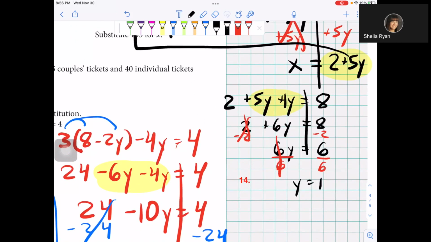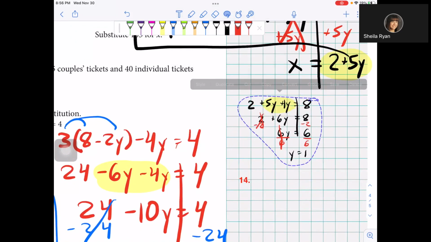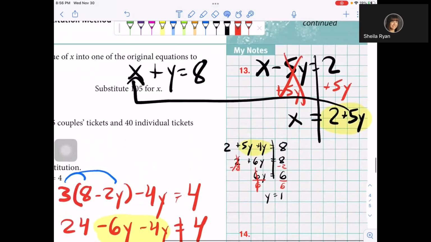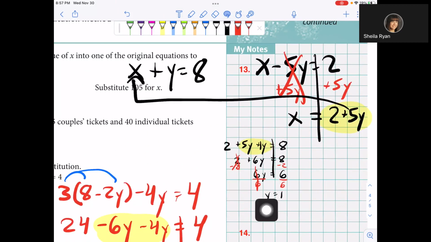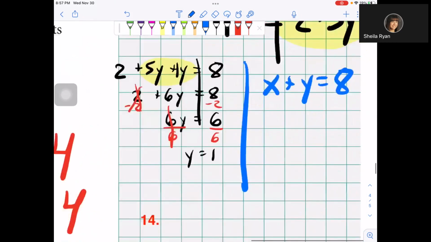At this point, now that you have your y value, let me resize this if I can. So now that we know y is 1, we're going to be able to figure out our x value. And you can use either equation all the time. You can pick what you want. So this one here looks a lot easier. And that equation is x plus y is 8.